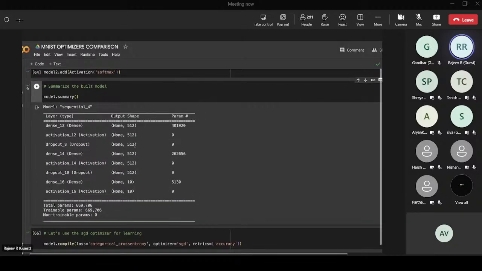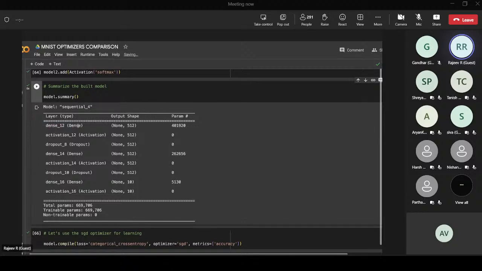You guys can see here, I've summarized my model in just this one cell. So what have I done? I have three layers, and this is my input layer. Dense is basically a term used to represent either a hidden layer or any neural network layer.